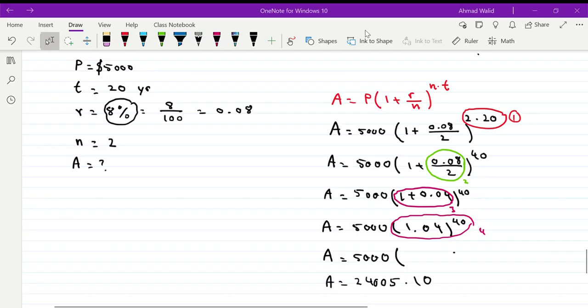Now, how much money is this? This one is actually $24,005.10.